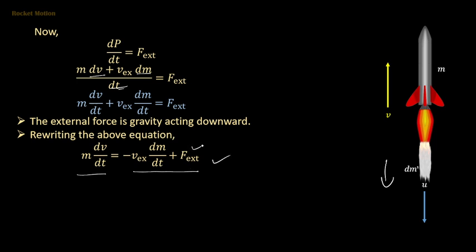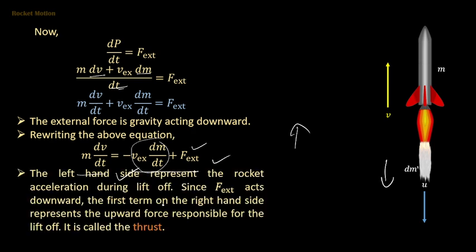One is the external force of gravity, and the other force is represented by this term. The force of gravity acts in a downward direction, so the only force responsible for propelling the rocket in the upward direction is represented by this term, and this term is therefore called the thrust on the rocket. So this is the upward thrust, or upthrust, acting on a rocket.